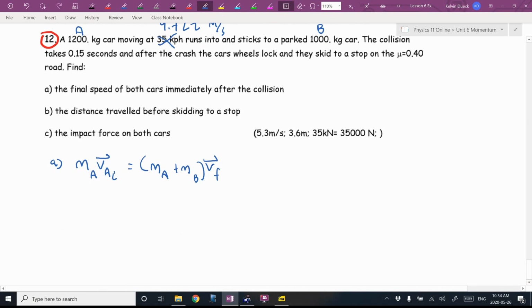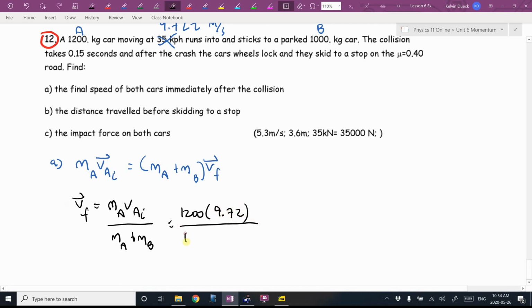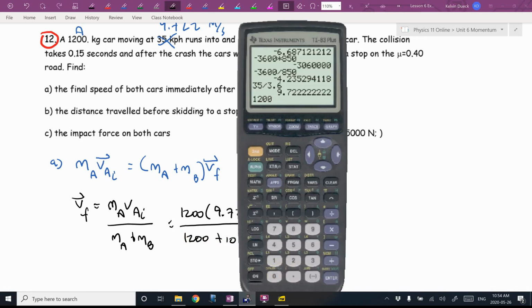Okay. V final is going to be mass A times V A initial divided by mass A plus mass B. Mass A, 1,200. 9.72, I'm going to use my answer button, divided by 1,200 plus 1,000.